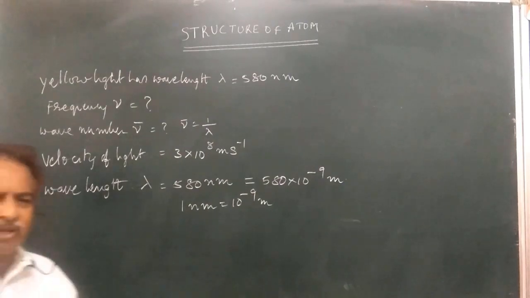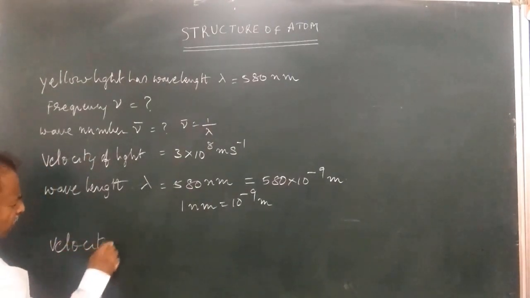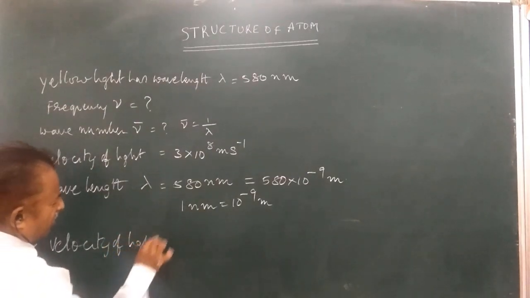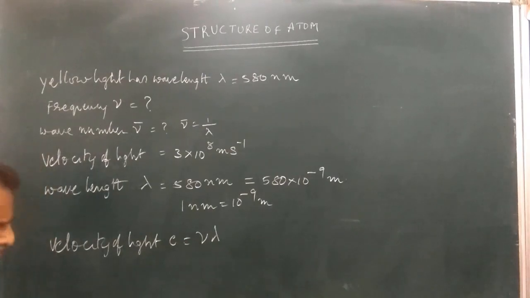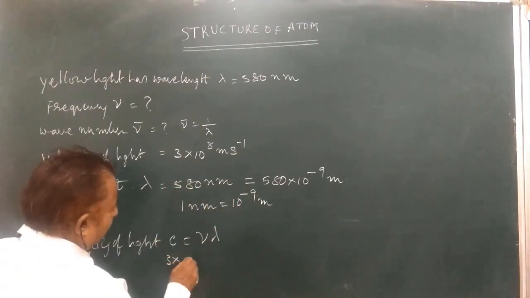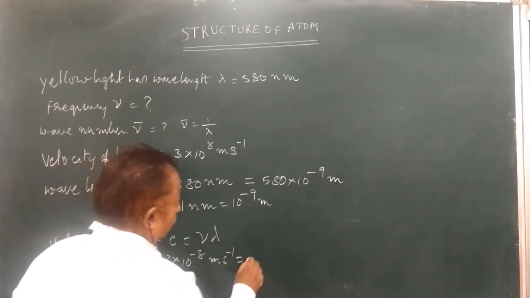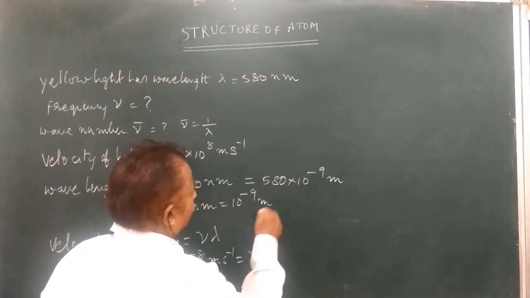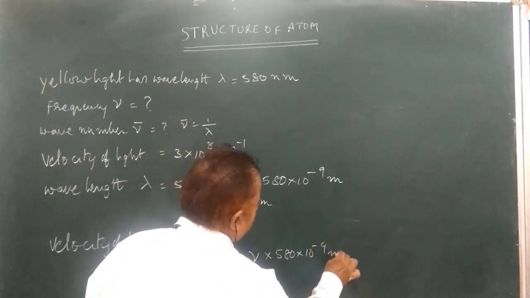Now, recollect the formula for velocity of light. So, velocity of light c equal to nu lambda. What is c here? 3 into 10 to the power 8 meter per second equal to nu, that is frequency, into wavelength 580 into 10 to the power minus 9 meter.